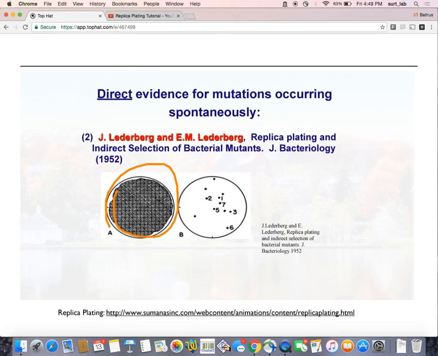This plate on the right is an ampicillin plate that's been replica plated from that lawn on the left. What you see is that antibiotic resistant colonies show up in certain parts of the plate.